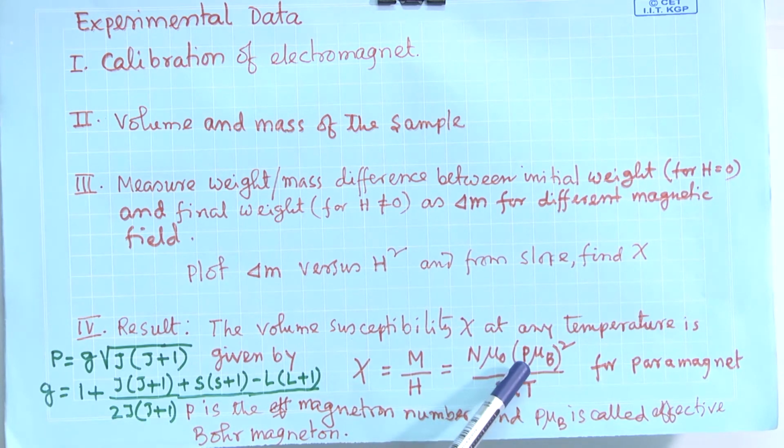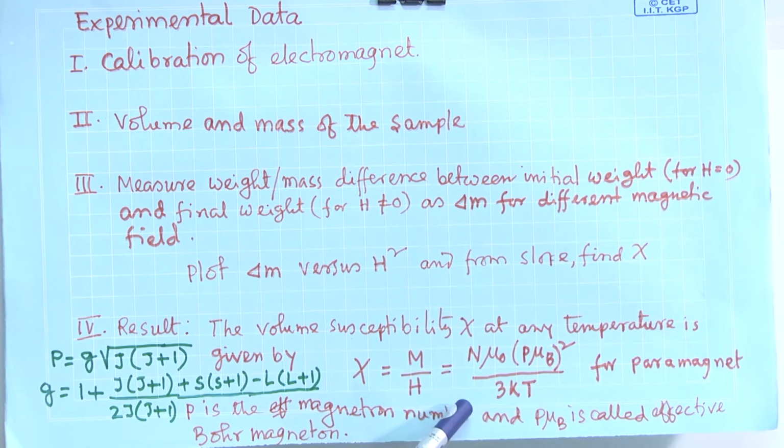Now, here actually this is mu square, magnetic moment square, so we have written p mu b whole square. Mu b is the Bohr magneton, and p is called the magneton number, and p mu b is called the effective Bohr magneton. Okay.